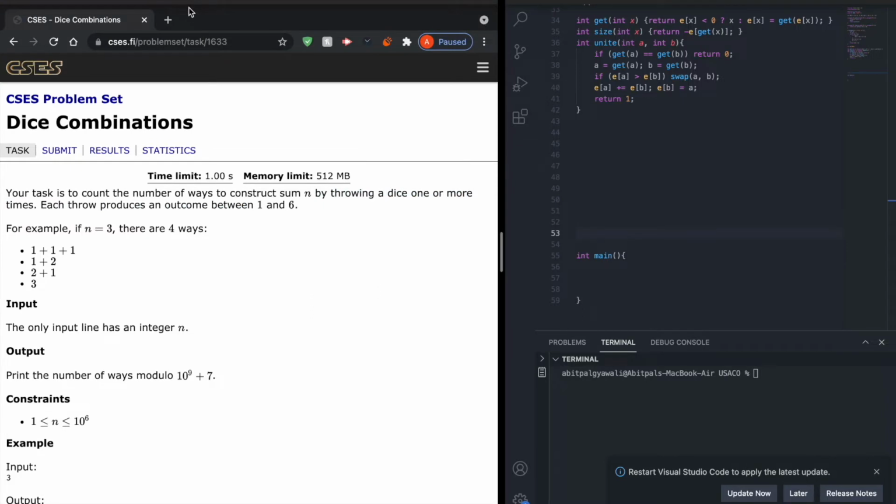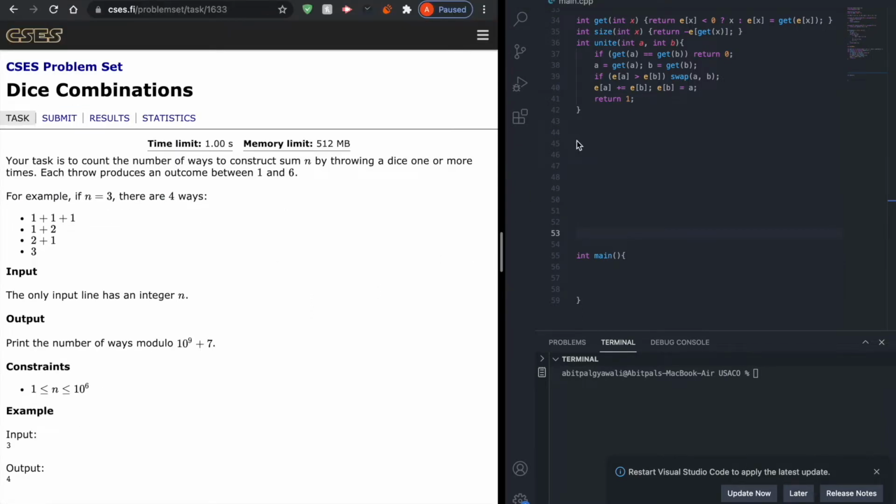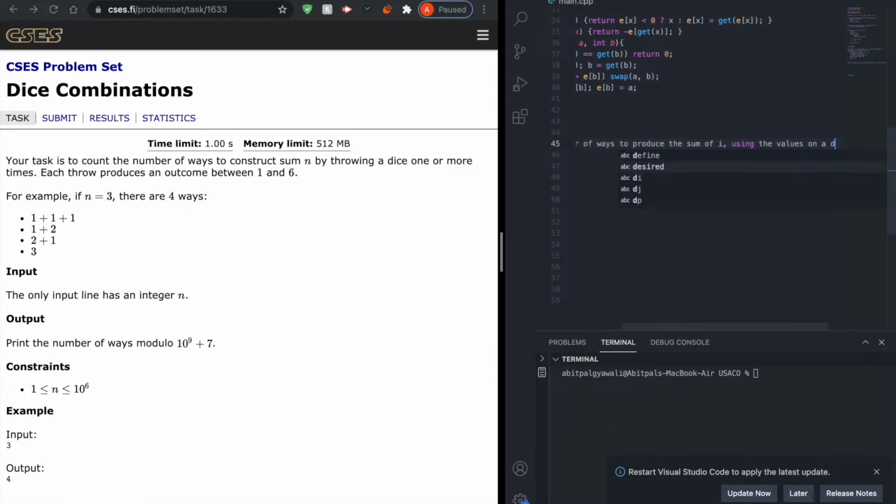Here's what we will do. We set dp[0] to 1, meaning the number of ways to produce the sum of i using the values on a dice.